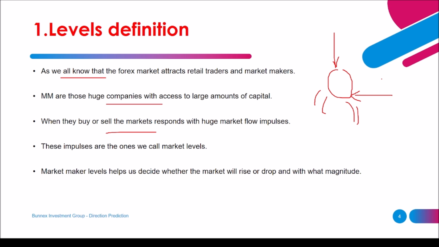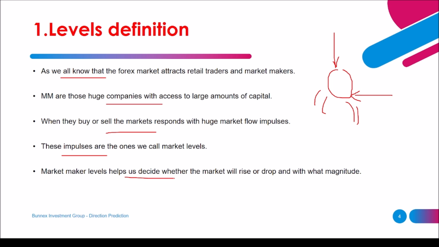That's enough to raise the market with such magnitude, and that's where the levels come into play. So levels are a real thing. I've seen several comments that say levels do not exist, but these impulses are what we call market levels. So market maker levels help us decide whether the market will rise or drop and with what magnitude.